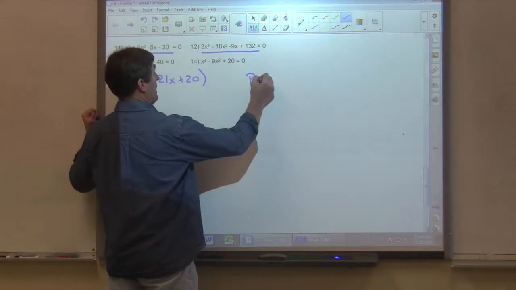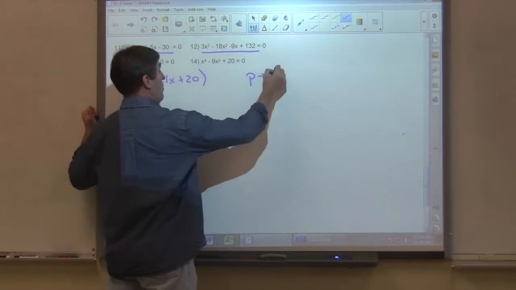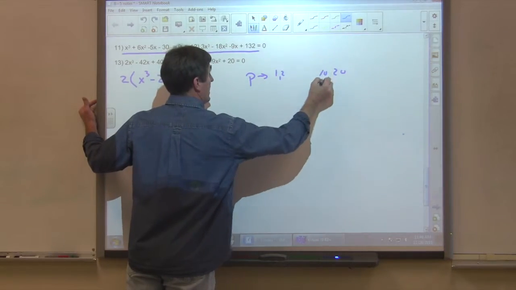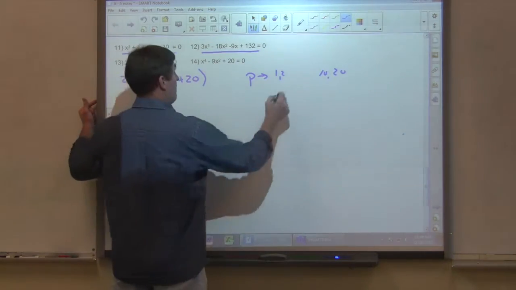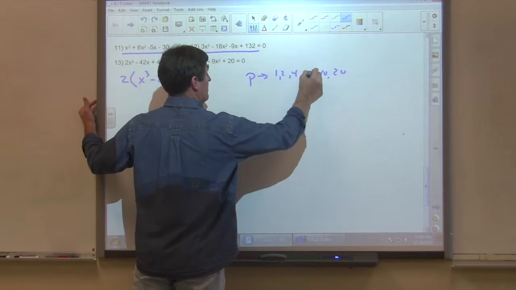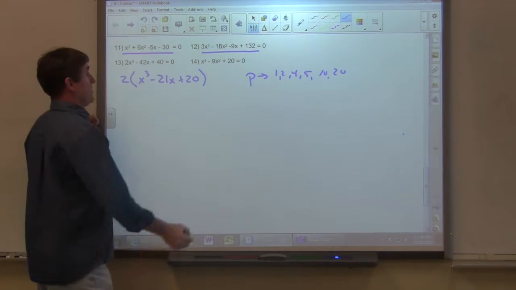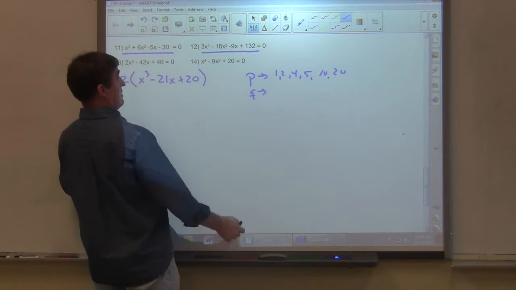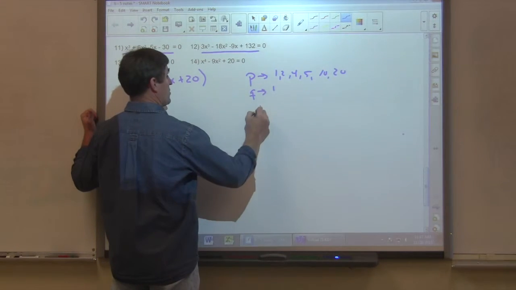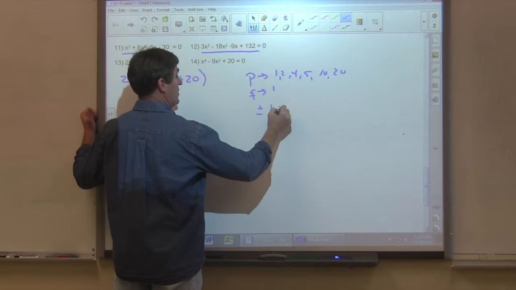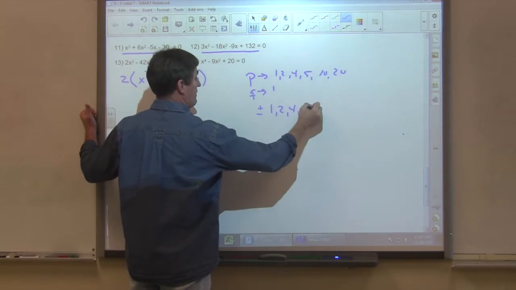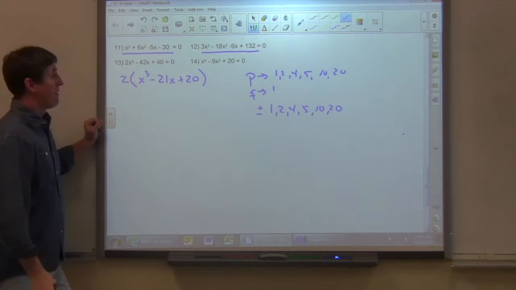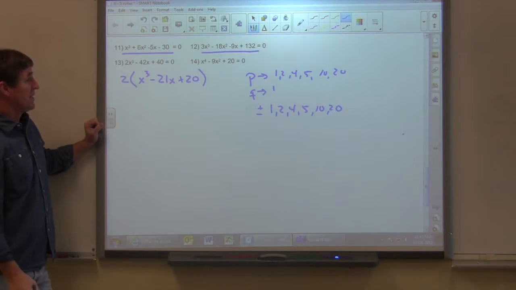So our factors of p are 1 and 20, 2 and 10, 4 and 5. And our factors of q are going to be 1, and so our answers are plus or minus 1, 2, 4, 5, 10, and 20. Since they're over 1, it's easy to come up with those.